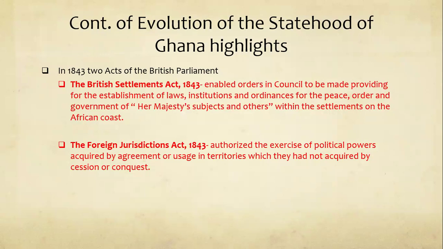And then again, the Foreign Jurisdiction Act, the same year, 1843, authorized the exercise of political powers acquired by agreement or usage in territories which they had not acquired by cession or conquest. So if you look at, let's say, the Battle of Katamansu, the British were successful.